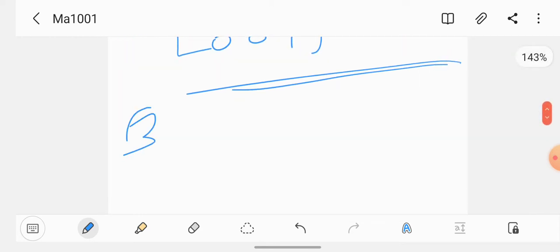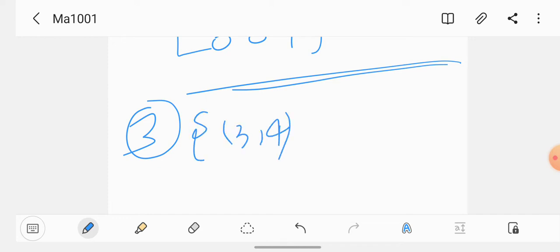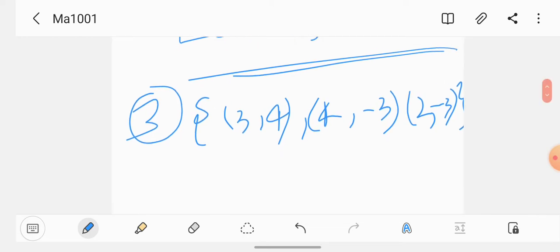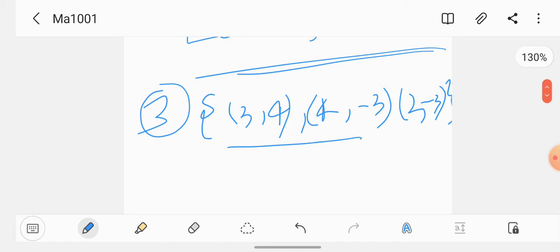Let's take a different example. Let's suppose we have (3, 4), (4, -3), and another one, (2, -3).